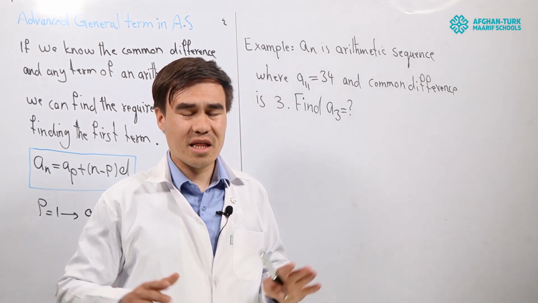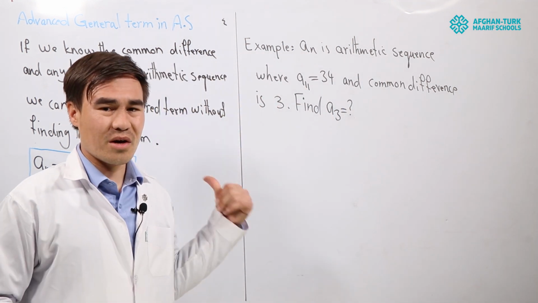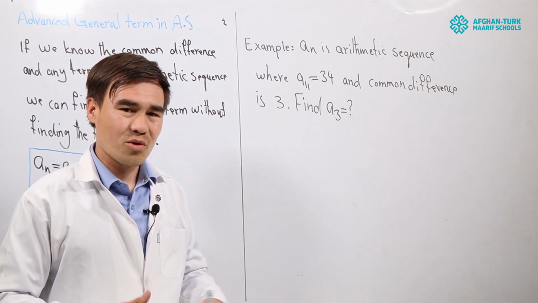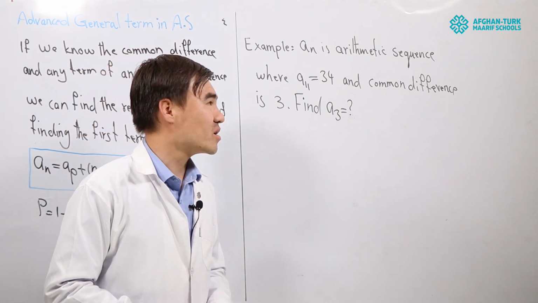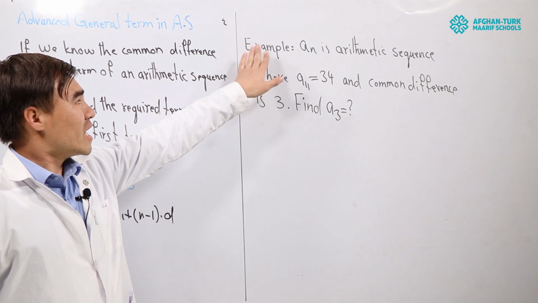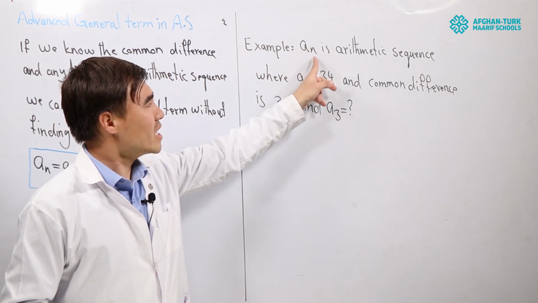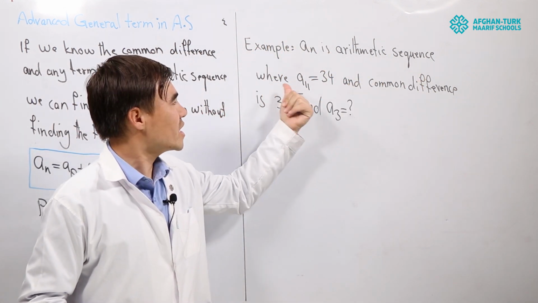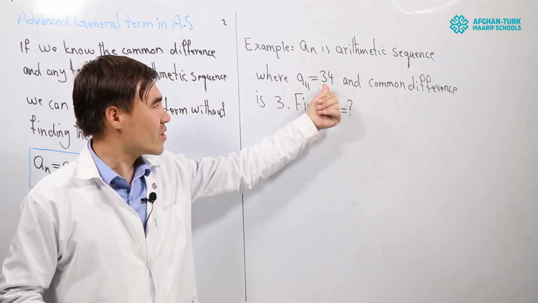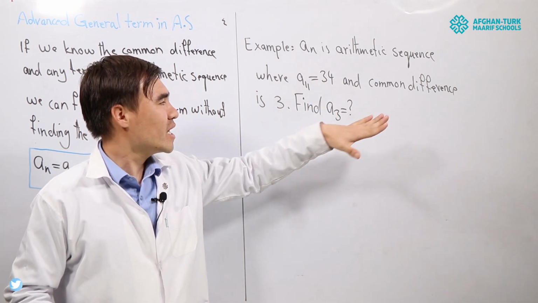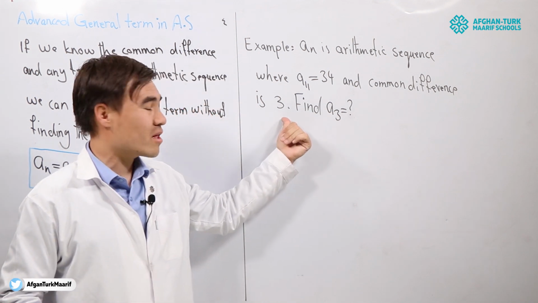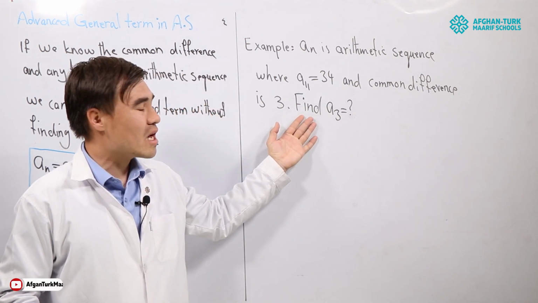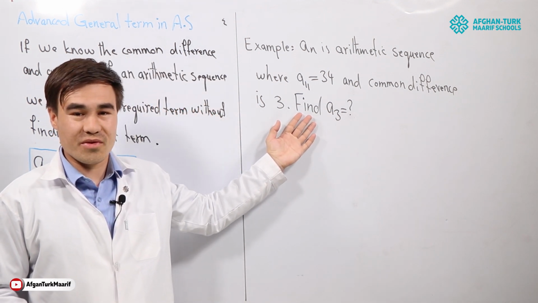Okay, dear students, we will illustrate what we said about the formula with some examples. The example says: in an arithmetic sequence the 11th term is equal to 34, and the common difference is given as 3. The example wants us to find the third term.